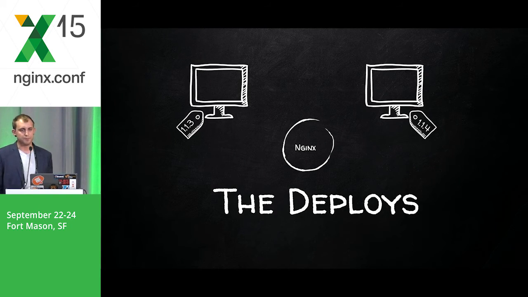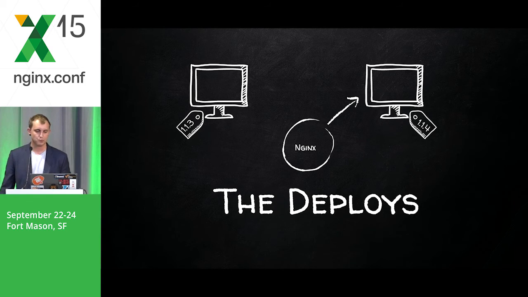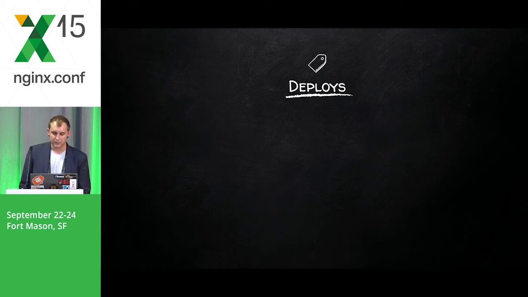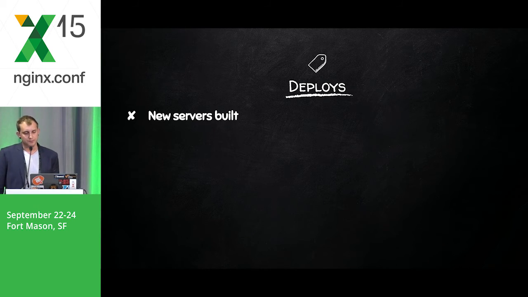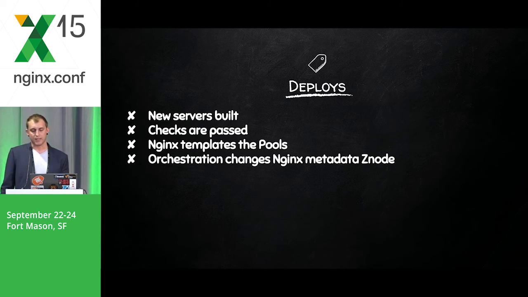So this is the meat of it, how our deploys really work. A new server is built, health checks are passed, NGINX templates the pools, then orchestration might change the NGINX version by making an alteration to the NGINX Z node.